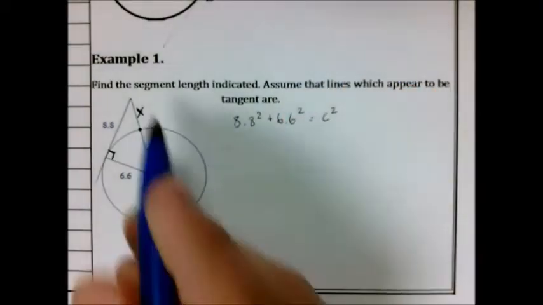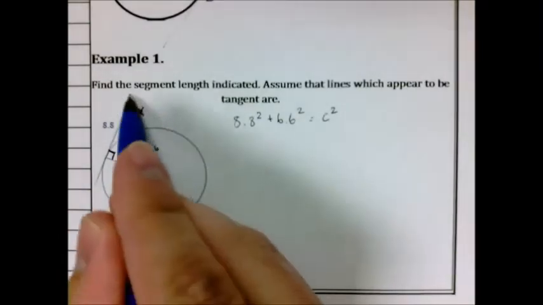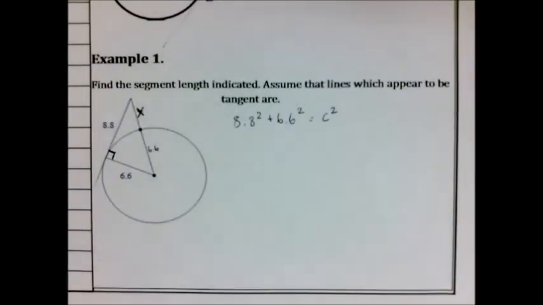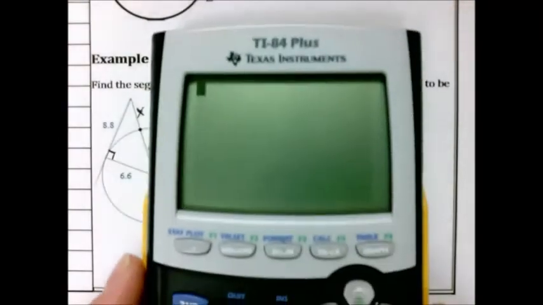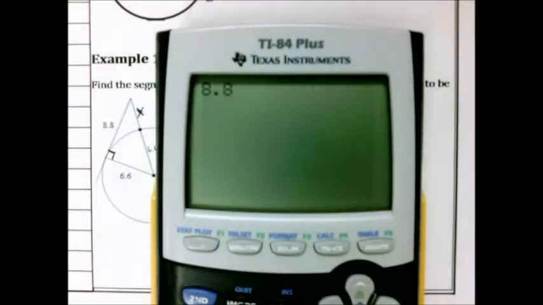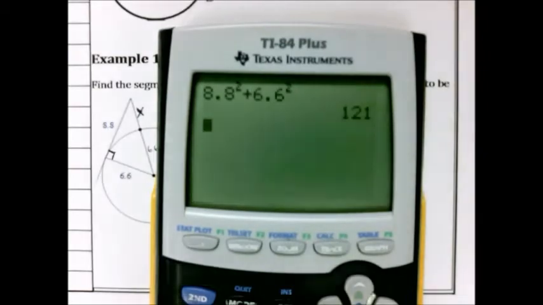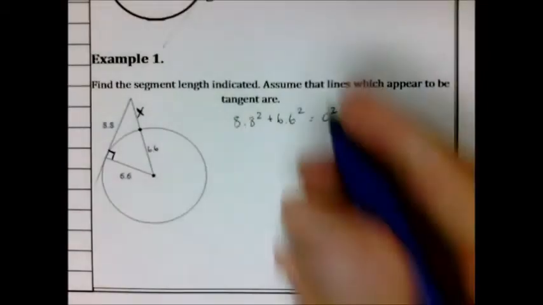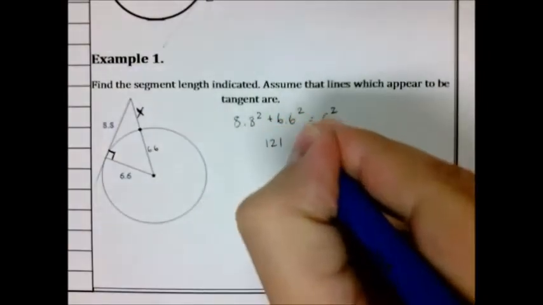Okay, that's going to be the entire length here. And then let's go ahead and solve for what C is, so we can figure out what the hypotenuse length is. So 8.8 squared plus 6.6 squared is, in fact, 121. So 121 is equal to C squared.